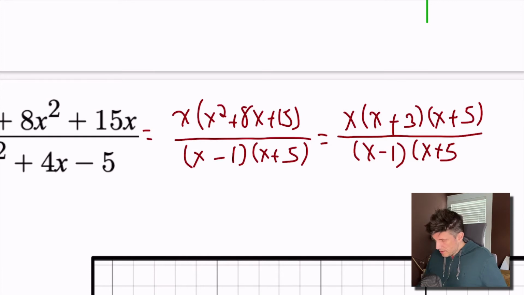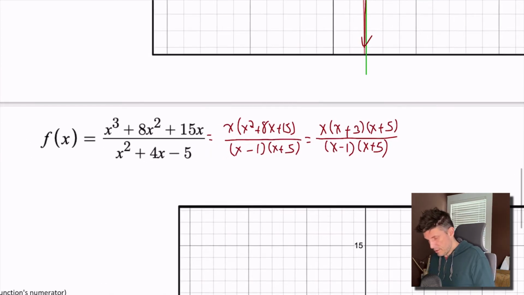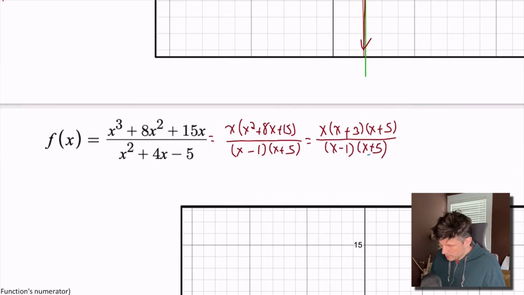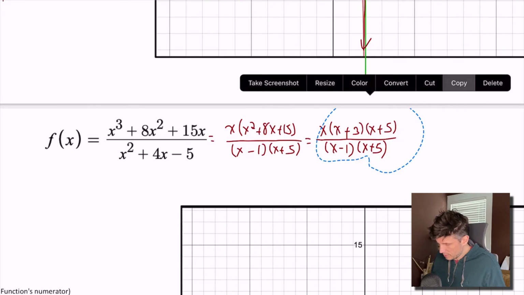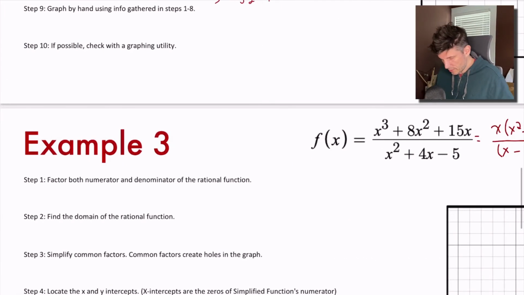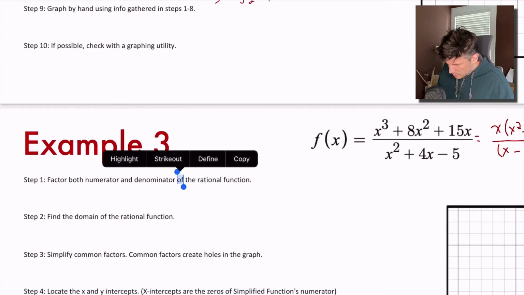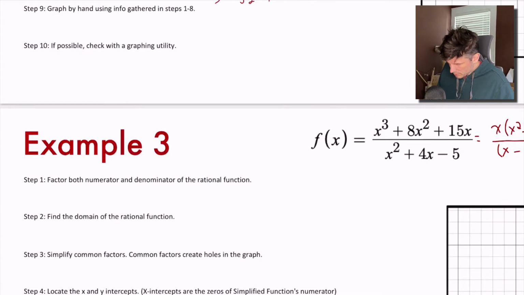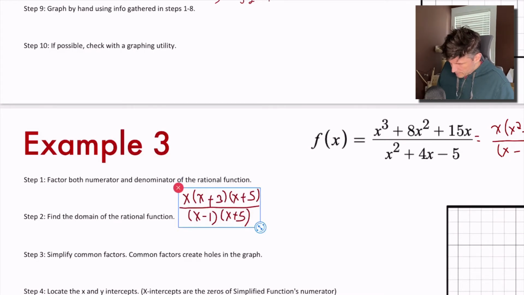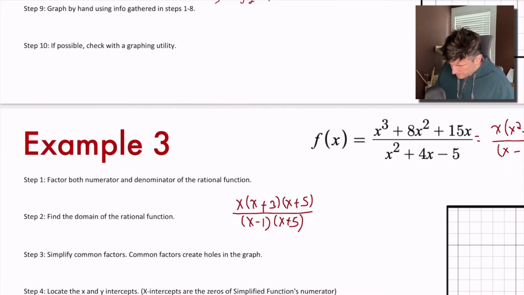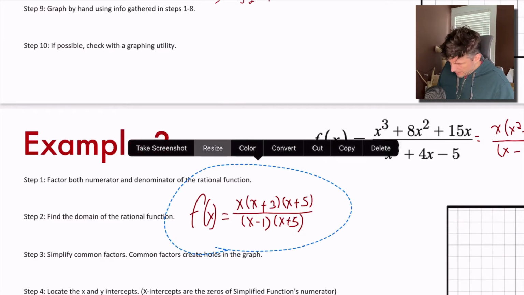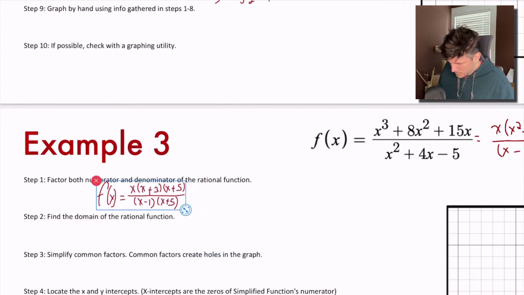Looks pretty good. And once again, we have another hole scenario. So I'm just going to take this one and copy it, just bring it over here. Okay. So this is again f of x equals, that's our factored portion.